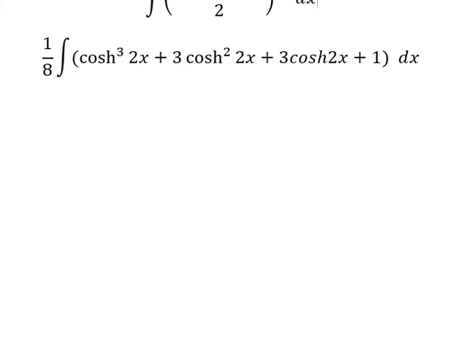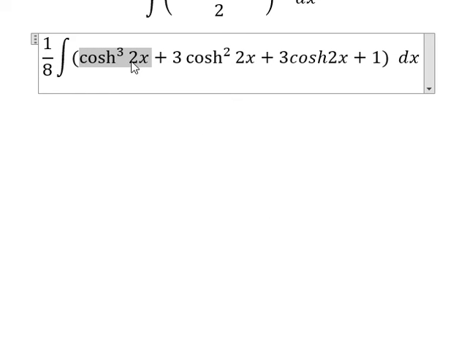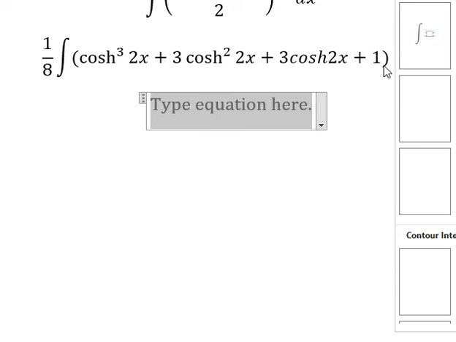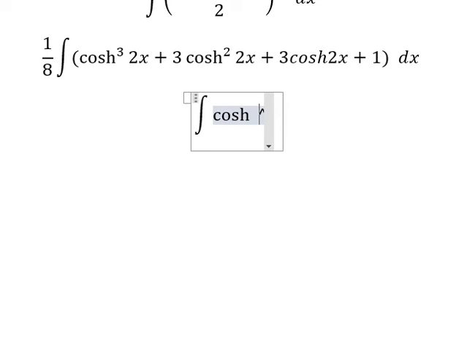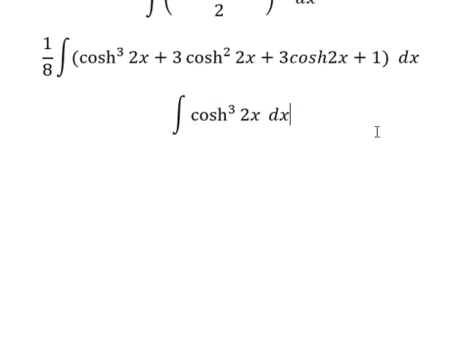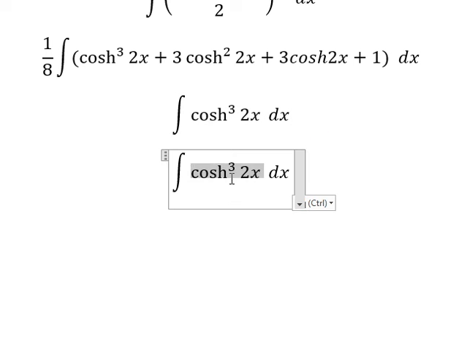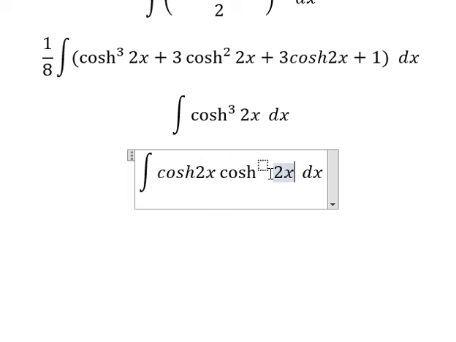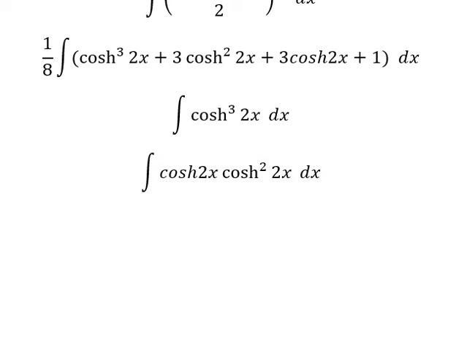Now, I will concentrate on this one first. So, about cosh 2x to the power of 3, we can write it as cosh 2x and cosh 2x to the power of 2. Now, we have the second formula in here.